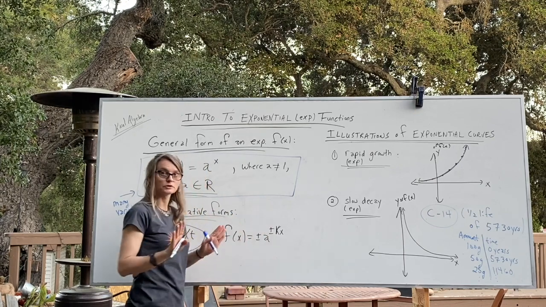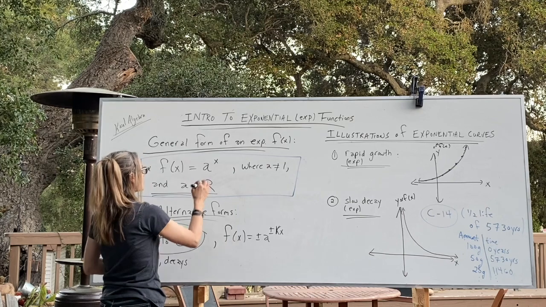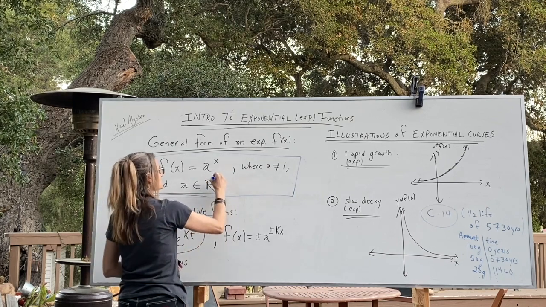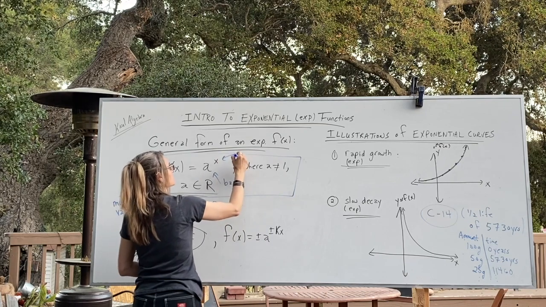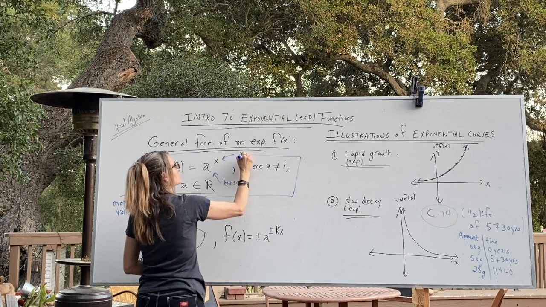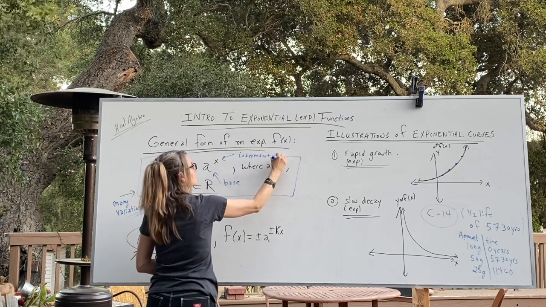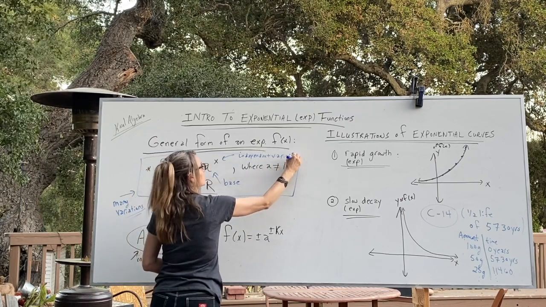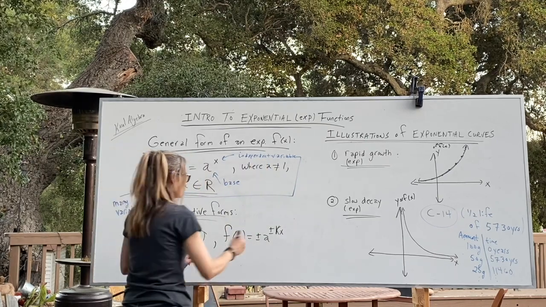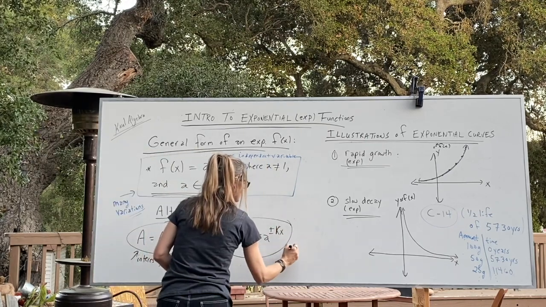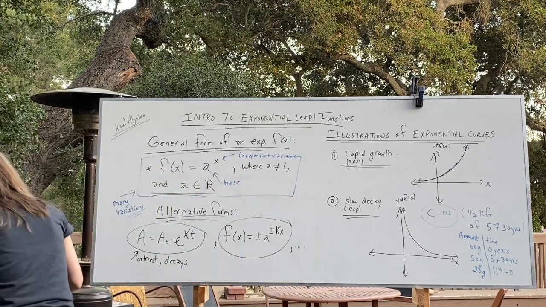And these are just general trends because you also have to look at what the base value is. So the most important thing here is that you have a base and the x is in the exponent. Okay, very, very important. There are some other variations out there, but those are the most common.